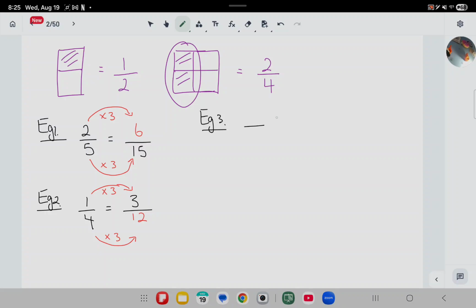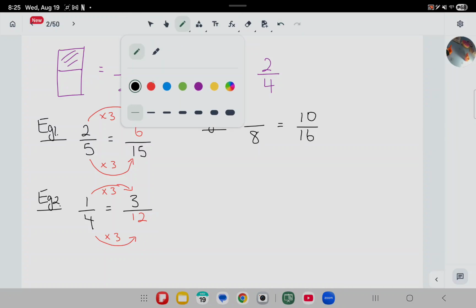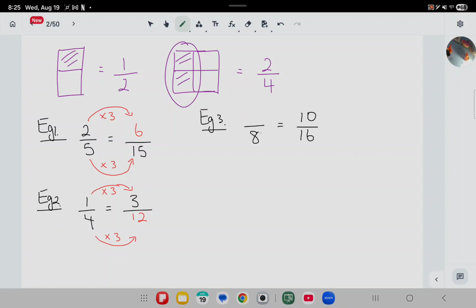Let's say we have 10/16, and we have something over 8. So we know now, looking at this, we want to reduce basically this fraction.